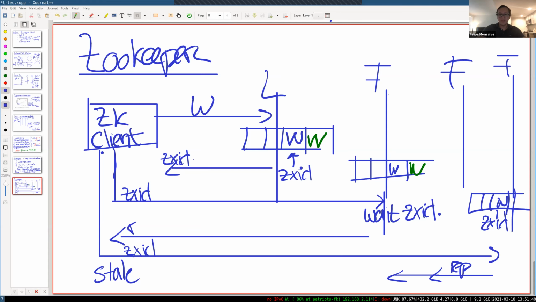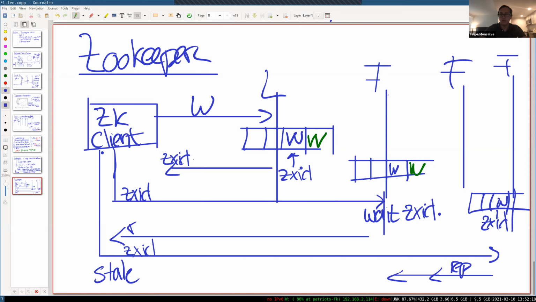Perfect. Thanks. Just to clarify, when you say wait for the ZXID on, for example, the second follower, we're actually waiting for it to be committed, right? It's not sufficient to just get it. It must be committed. Yeah. Got it. But it would have been committed by the time, a client wouldn't get an uncommitted ZXID, correct?